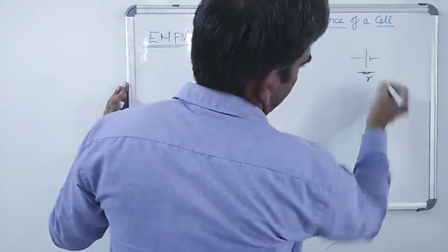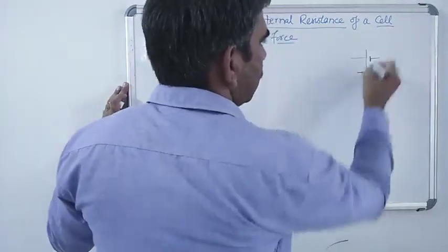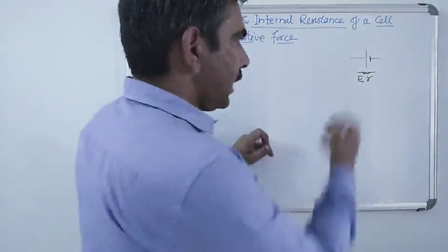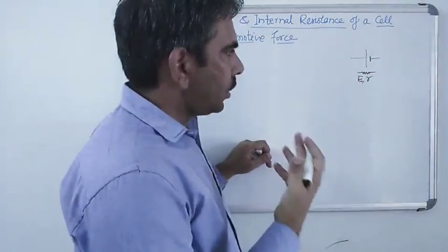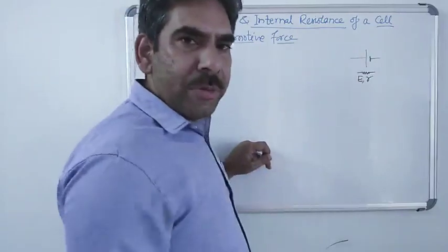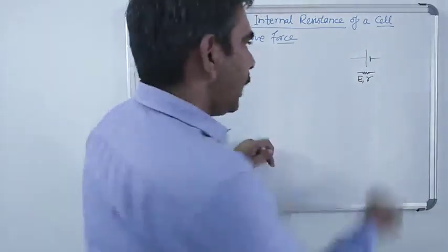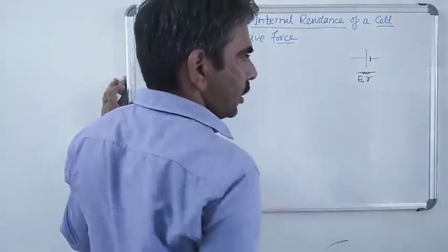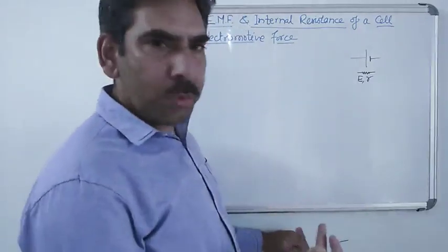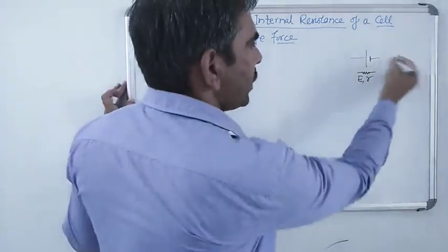Suppose it is small r, and the EMF of the cell is E. When the cell is not being used in the circuit, the potential difference across the two terminals of this cell is called the EMF of the cell. So we represent it here with capital E. And the internal resistance of this cell is denoted by small r. It remains quite small for a new cell, but it goes on increasing with the use of the cell.